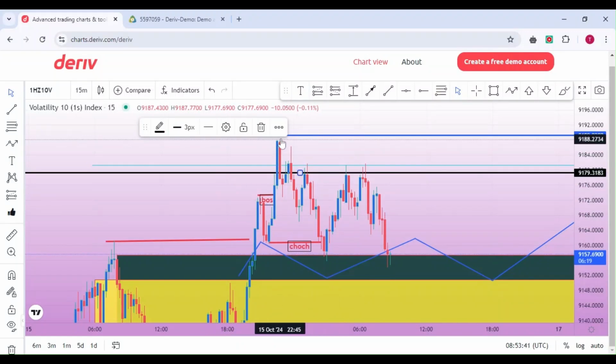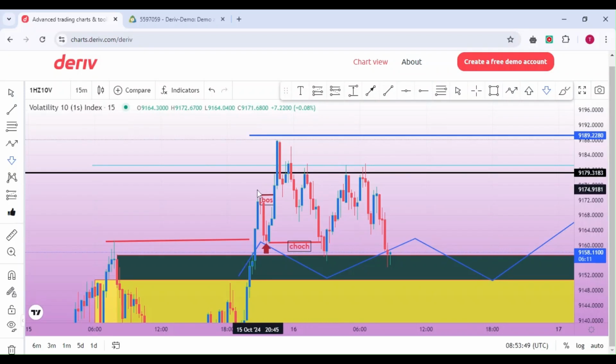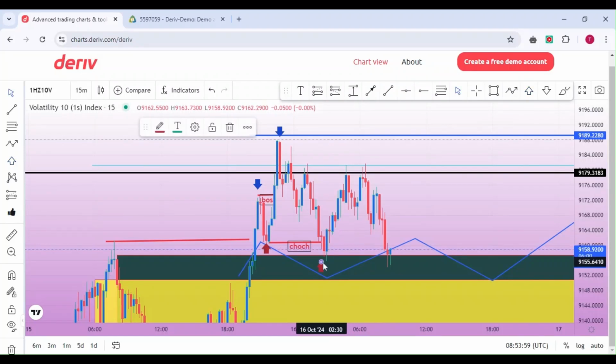So it has already broken that, and this was our lower low, our higher low, and then higher high, and then higher high. This is now our higher high, and then now becomes a lower low.